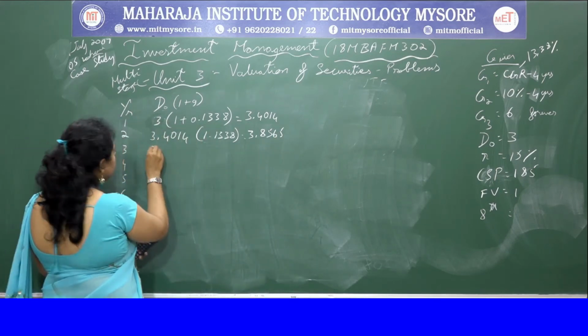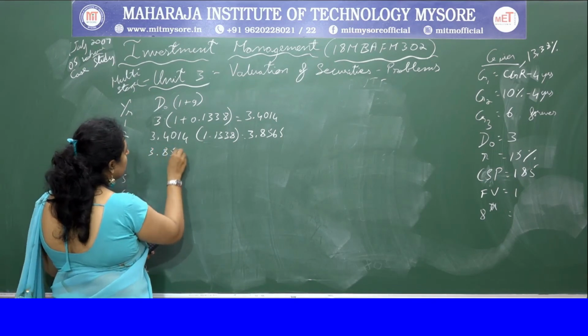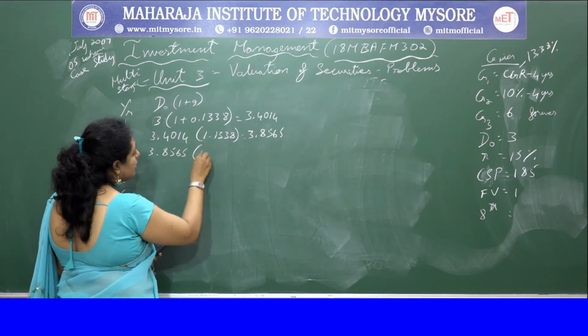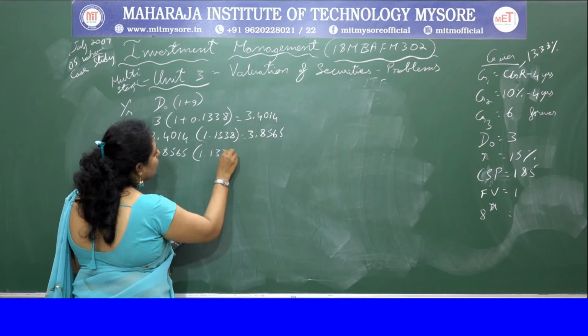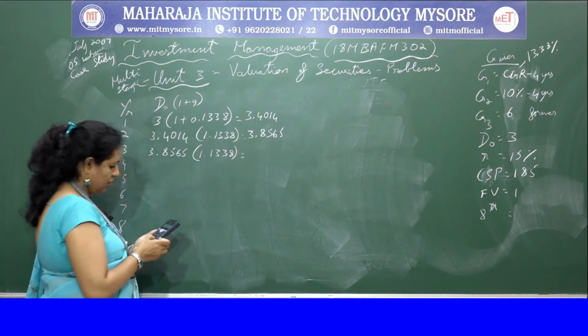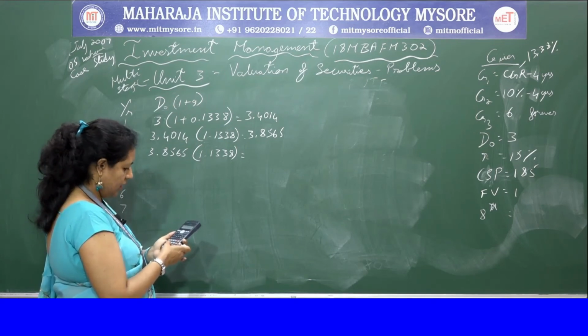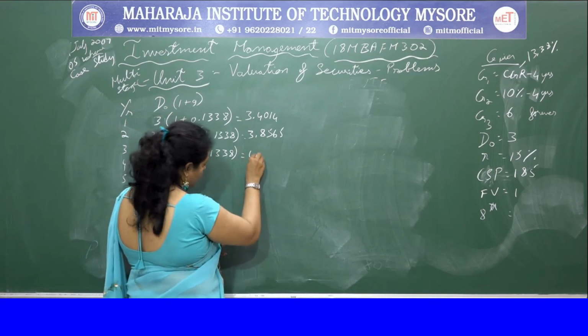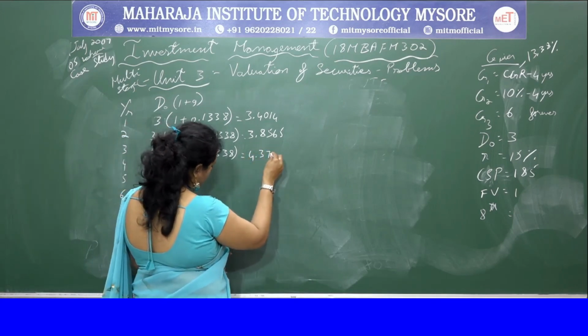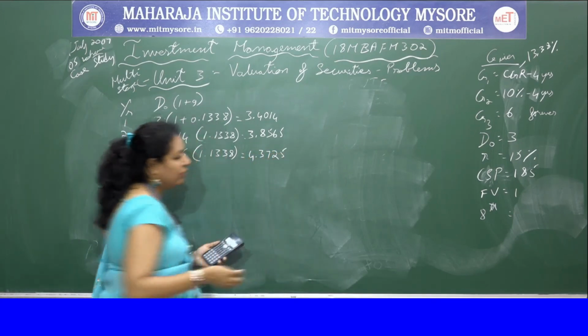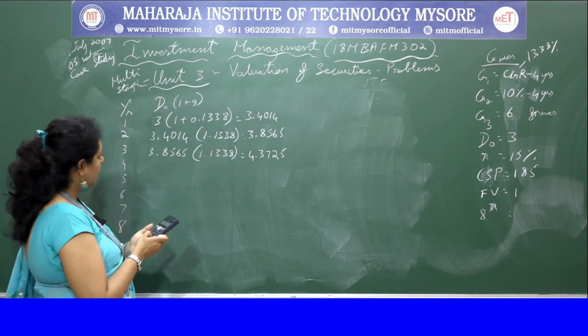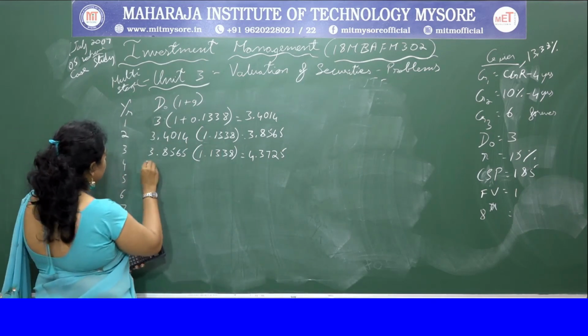In the same way, for the next year, 3.8565 into 1.1338, you get 4.3725. Okay, next.